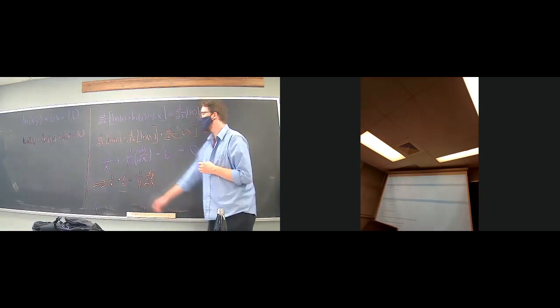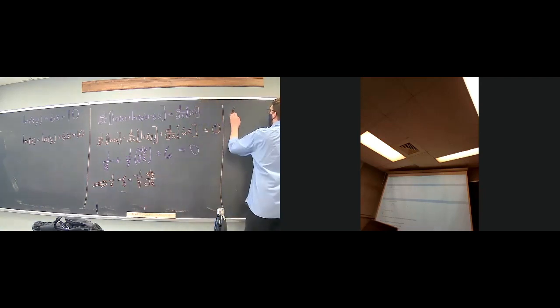Multiplying both sides now by negative y, we're going to get negative y times 1 over x plus 6 is equal to dy dx. That's all she wrote.